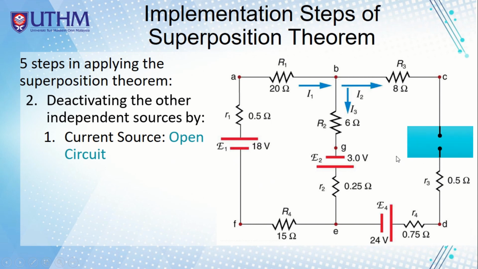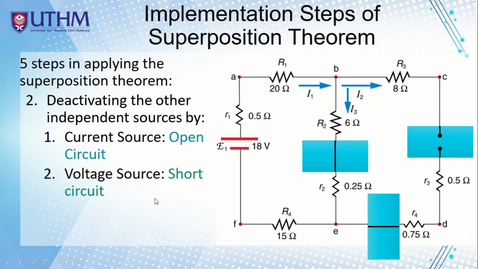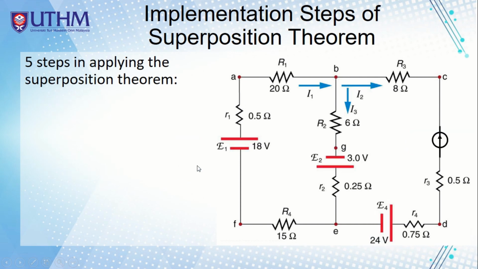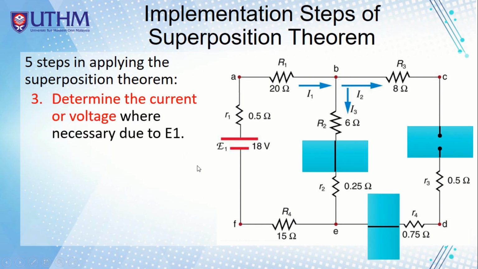If it's a voltage source, as for E2 and E4 here, then we change it into a short circuit. As you can see here, the evaluation of the voltage due to E1 we can now determine easily.